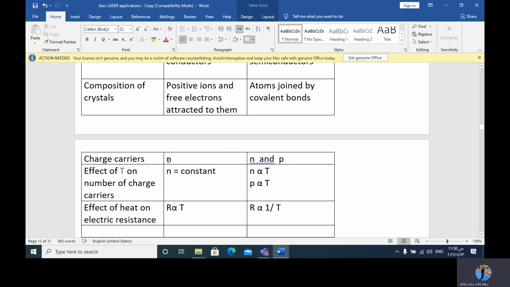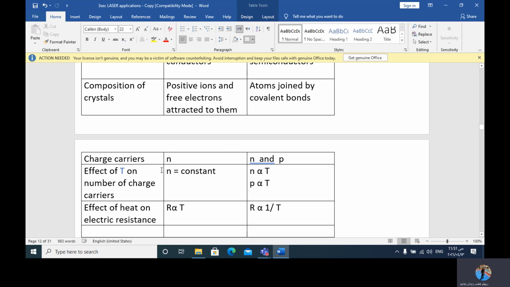So N stands for negatively charged particles. They carry the charges. But in semiconductors, we have negatively charged particles, the electrons, and also positively charged particles. So in this case, we have two types of charge carriers in semiconductors. But in conductors, we have only one type of charge carriers, the negatively charged carriers, electrons.